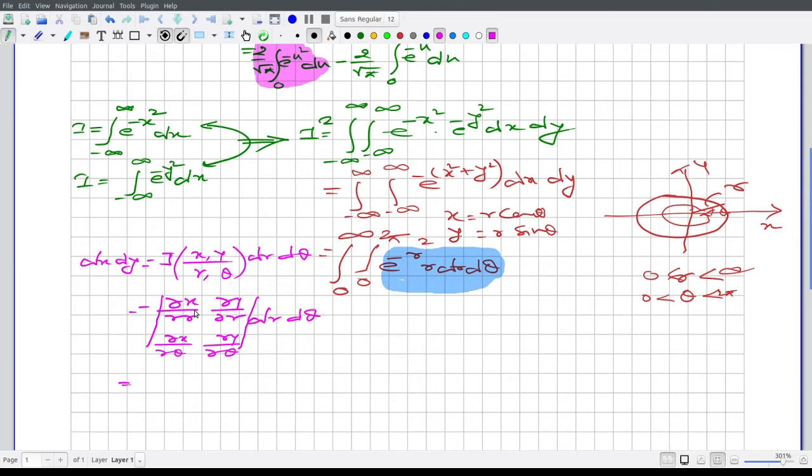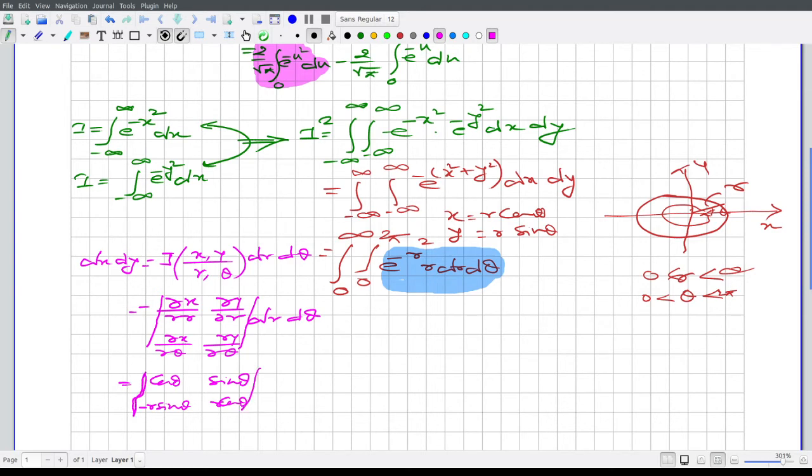Now if we put del x by del r, since x is r cos theta, this would be cos theta, and this would be sin theta, and del x by del theta is minus r times sin theta, and this one equals r cos theta.